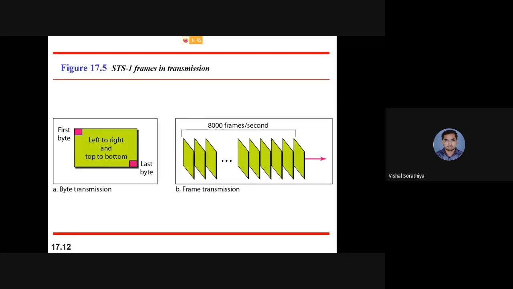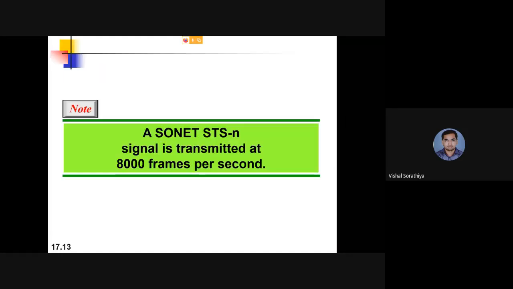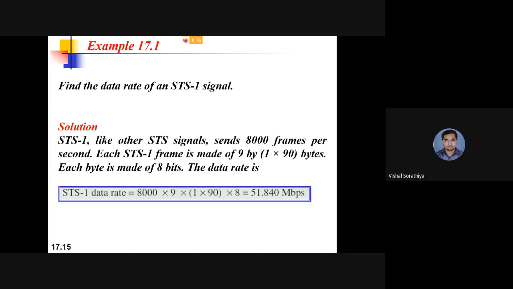We also discussed how the STS-1 frame is transmitted: from left to right and top to bottom, with 8,000 frames per second transmitted in a SONET structure. We also calculated the data rate.